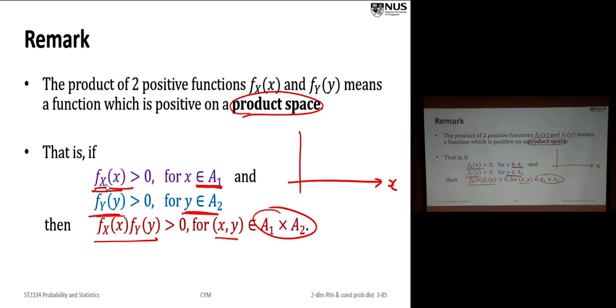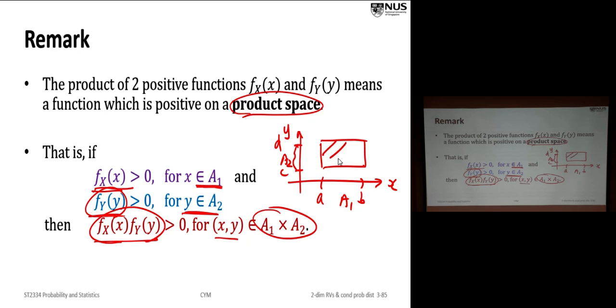If the marginal of x is defined over this region between a and b, let's say, this is my A1, while the PDF of y is defined between c and d, this is my A2. So the product must be positive over this region. This is A1 times A2, the product space. So it's a rectangle.